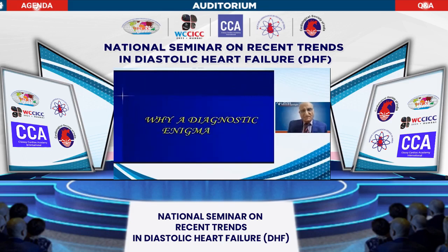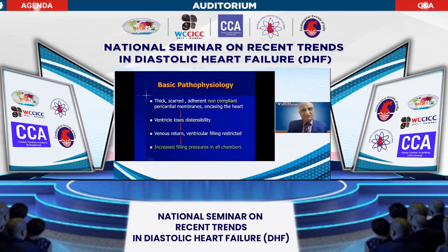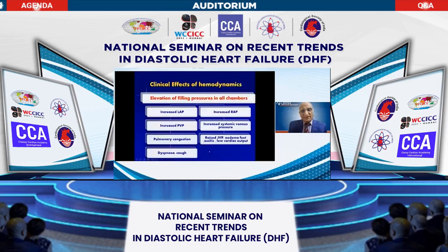Now, why is it a diagnostic enigma? Because its basic pathophysiology is that there is a thick, scarred, adherent, and non-compliant pericardial membrane encasing the heart, and because it is non-compliant, the ventricle loses its distensibility, and hence there is increased filling pressure in all chambers.